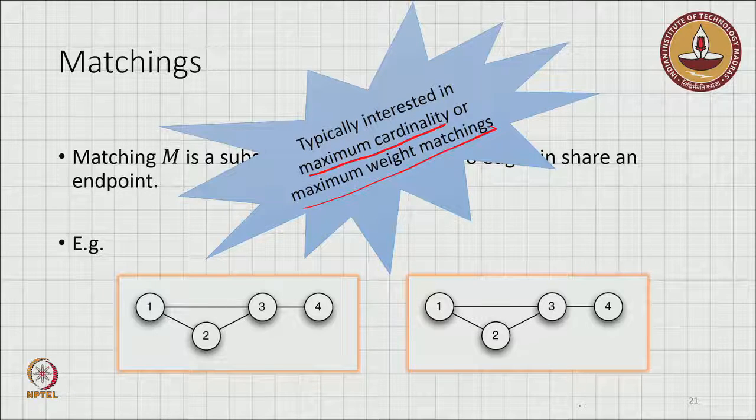So for example, this is a matching of just one edge, and once you've included that edge, you cannot add any other edge. So this is not a maximum cardinality matching. So for this graph, the real maximum cardinality matching would be the following. So here you include, we already saw this, 1, 2, and then 3, 4.